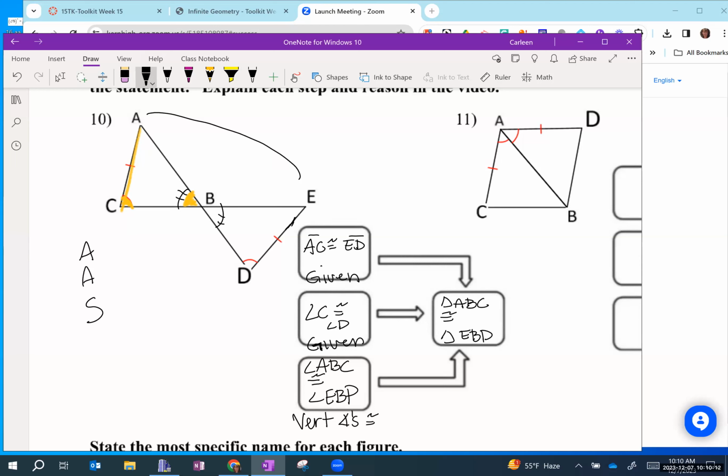Does the side touch one angle or both angles? It only touches one, right? So angle, angle, side.